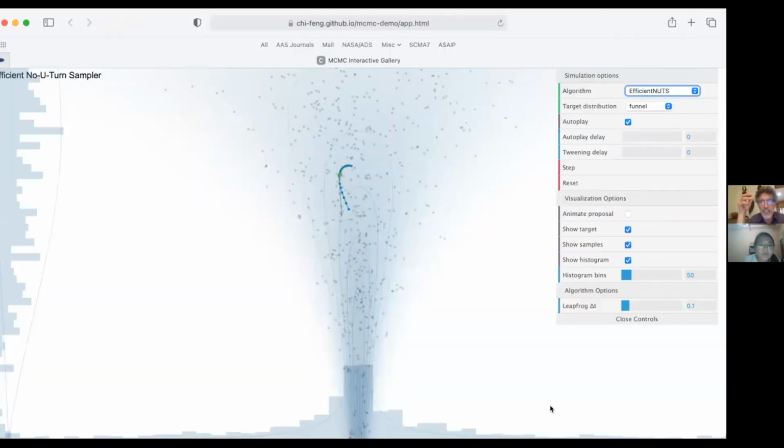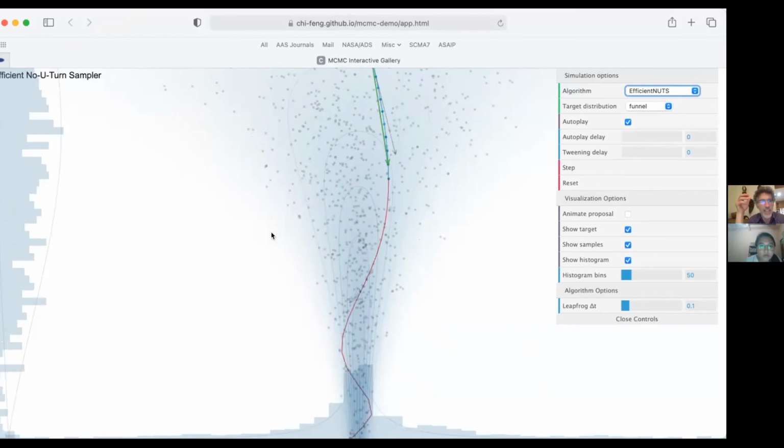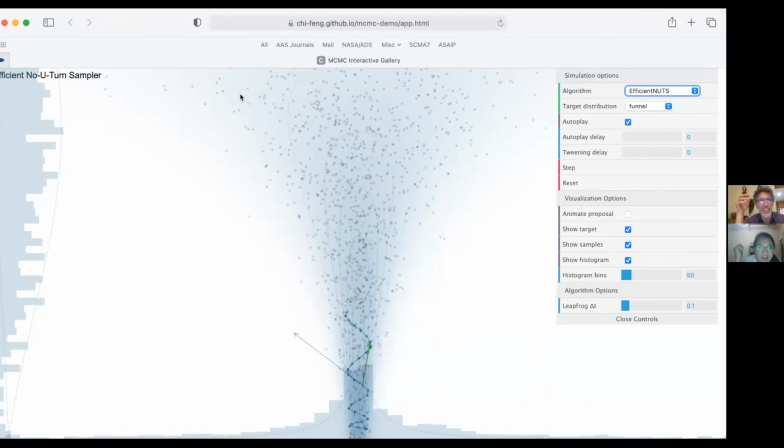So let's take a look. How are we doing here with the efficient NUTS compared to the other one? I think the answer is that it seems to be more efficient. It's doing the dense part and the thin part, and it seems to do a somewhat better job than the other one did.